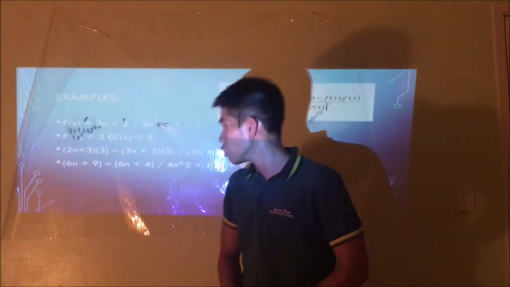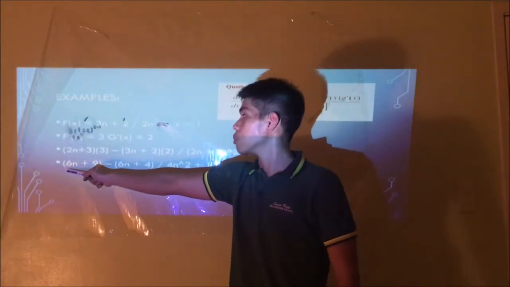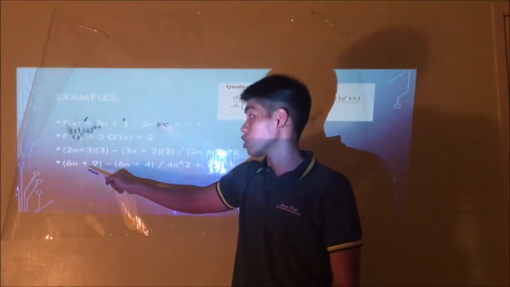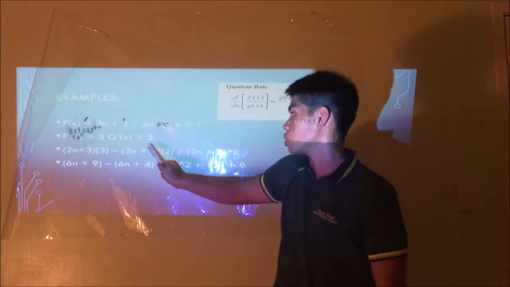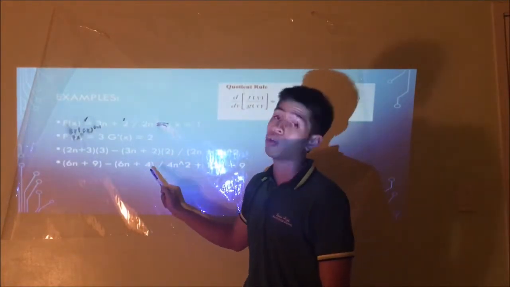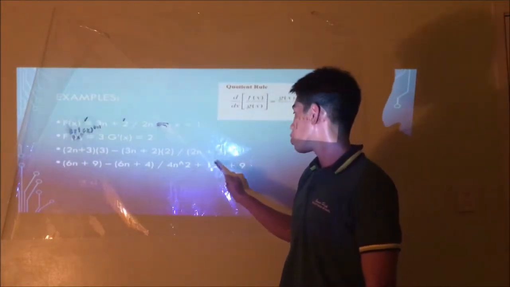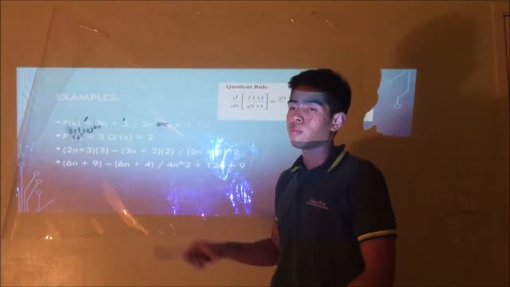Once you get everything, you'll end up with this. Distributing, 3 times 2n is 6n, 3 times 3 is 9, minus 2 times 3n is 6n, and 2 times 2 is 4, all over 4n squared plus 12n plus 9.